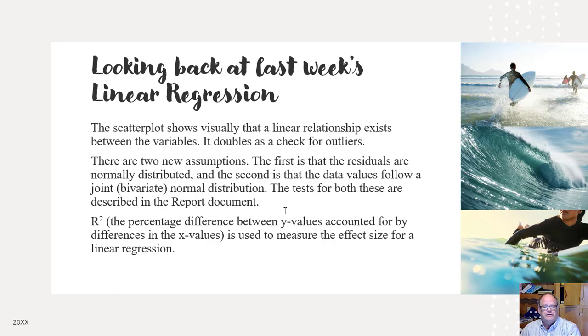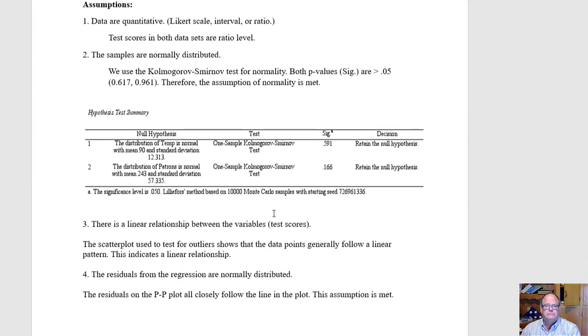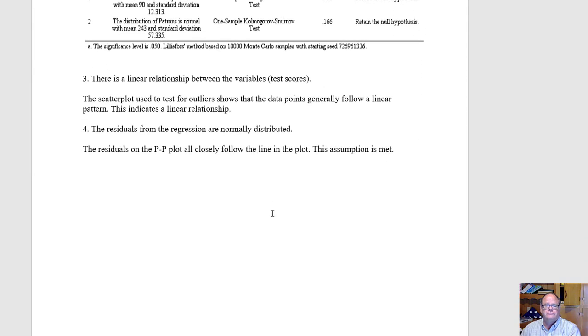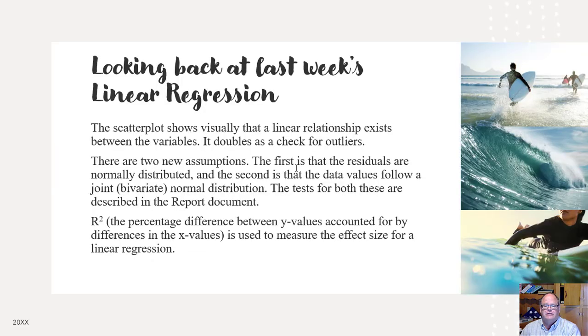Another thing about this test is we've got two new assumptions. In other words, two assumptions we haven't seen in any of our other tests. This first one is that the residuals are normally distributed.